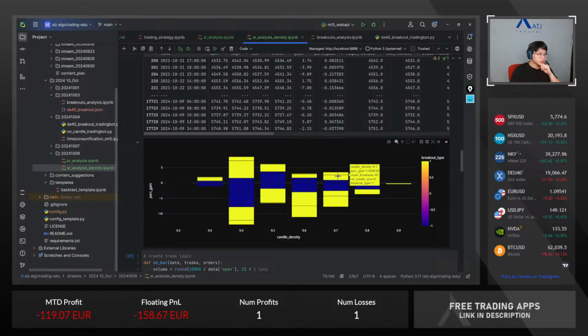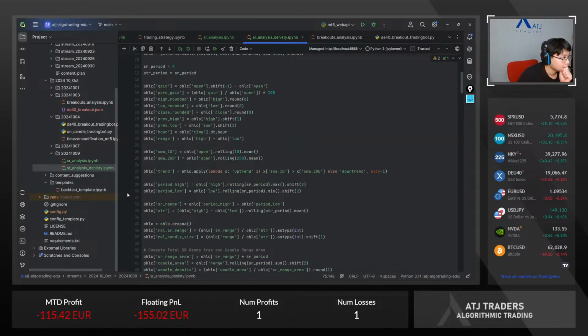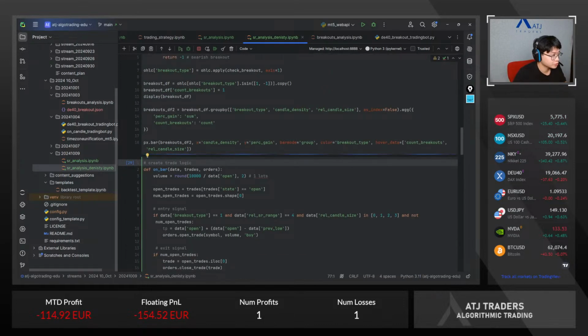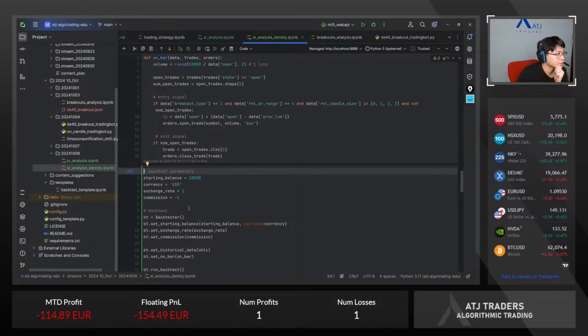So it's size 2, size 0, size 0, size 2. And again, actually, let me just try to do a 24-hour SR range analysis, because I think 4 candles are not that significant.